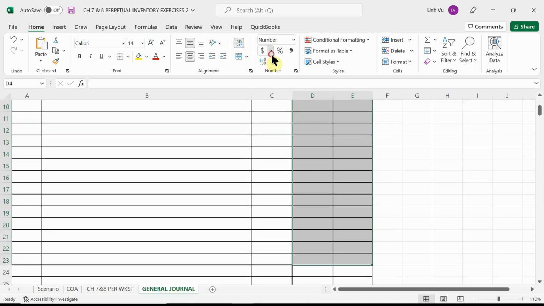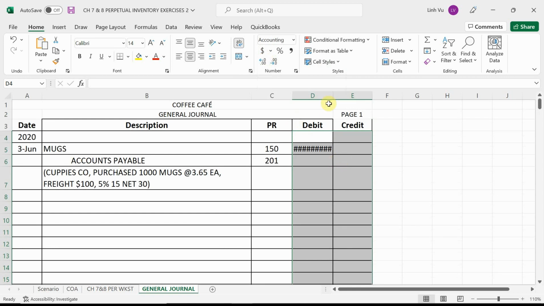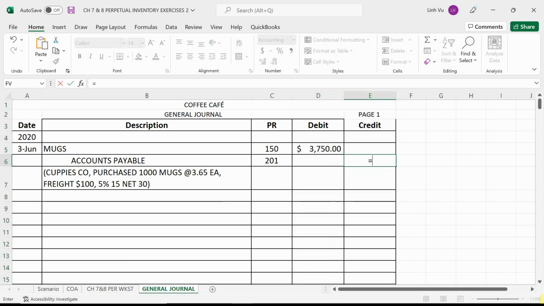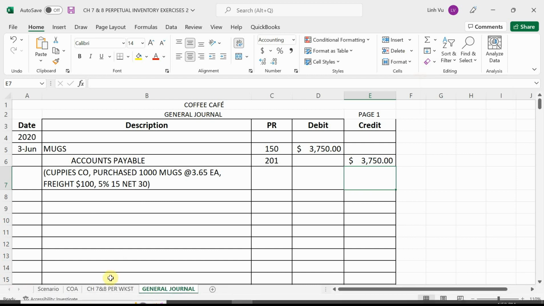I'm going to format this real quick. And then we know this is the same too. $3,750.